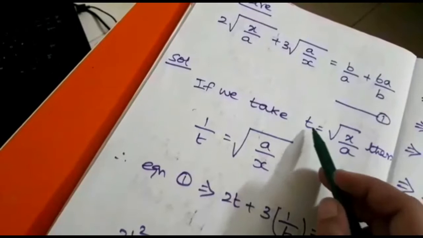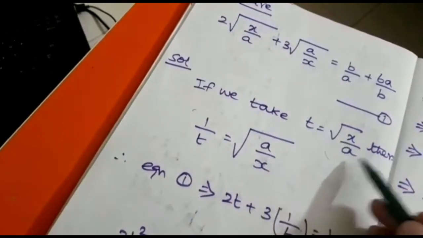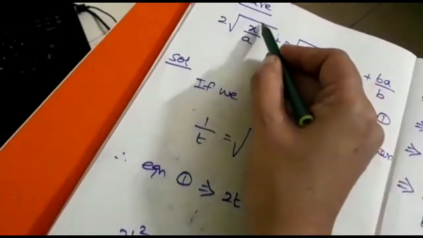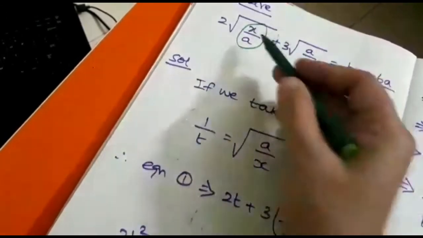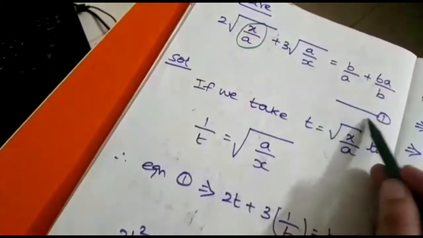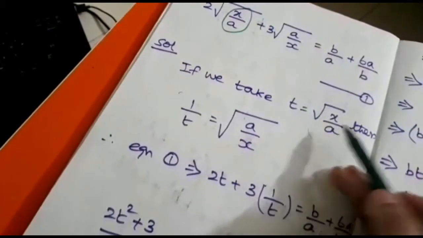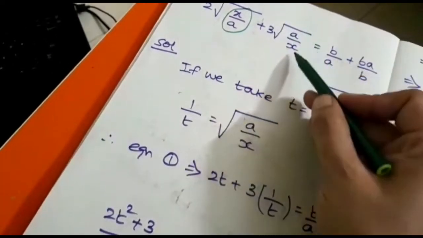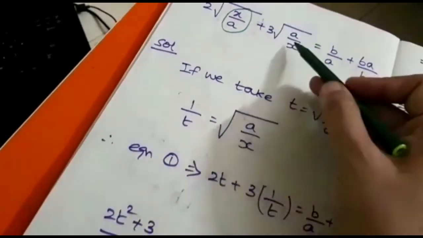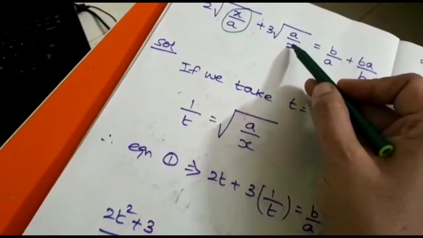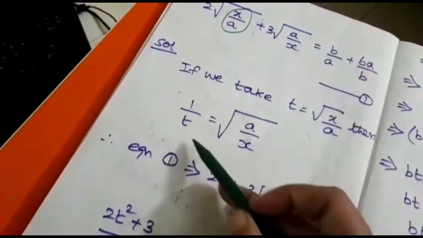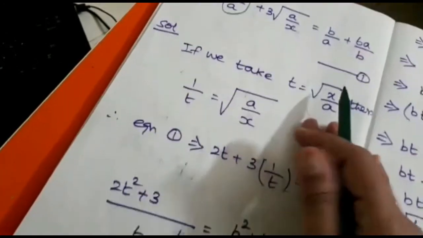So if we take t is equal to square root of x by a, then square root of x by a is equal to t. Then square root of a by x will become 1 by t, because the numerator is in the denominator, denominator is in the numerator. So 1 by t is equal to square root of a by x.